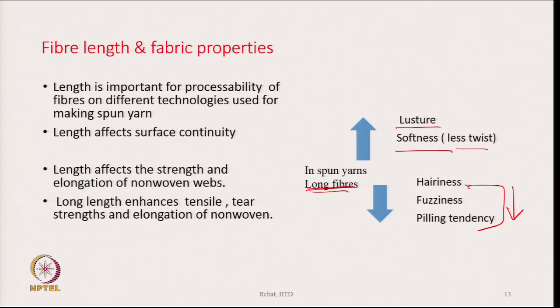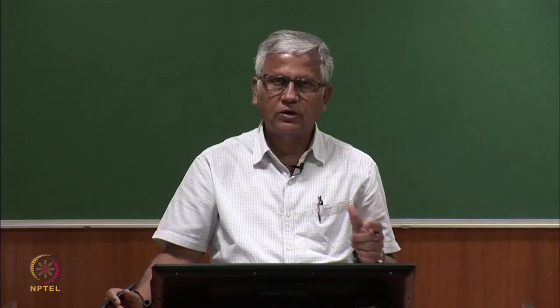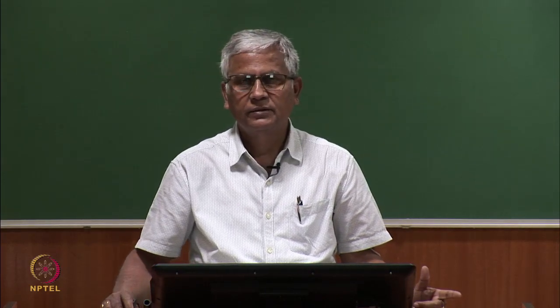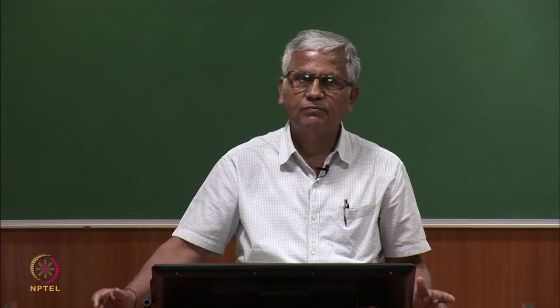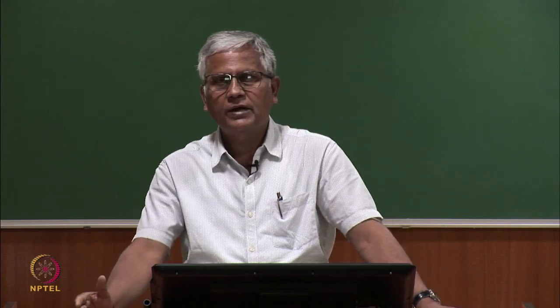Luster, as a result of reduction in hairiness, is going to improve, and softness is also going to improve, because mostly we will use less twist, or in the case of natural fibers, especially cotton, long fibers are also very fine. In the case of synthetic, it may not be, because that is in our hand, we will decide what length we should cut, but for cotton, length and fineness go together.